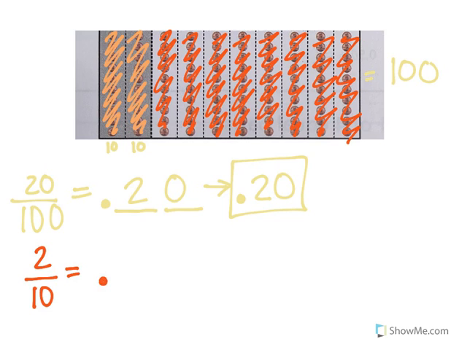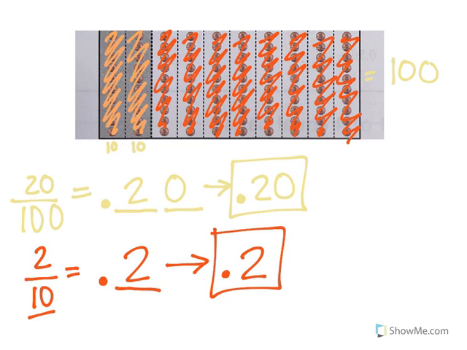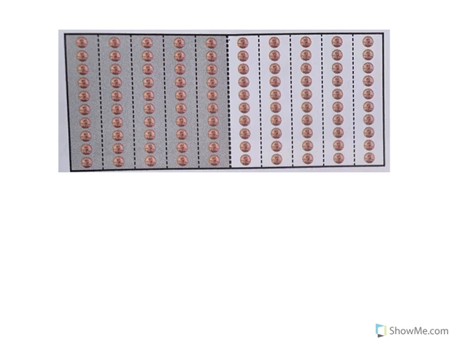So I only draw a line for my tenths place because there's only a 10 right there, and I fill in the 2. So that means 0.2 is the same as 2 tenths. Okay, so for this one, I had hundredths, so I drew my 10 hundredths. This one I only had 10, so I just drew in the tenths place. Okay, try this one on paper on your own. See what you get.